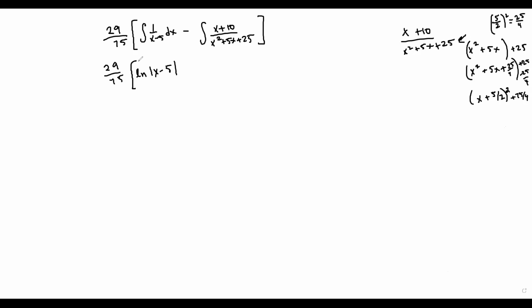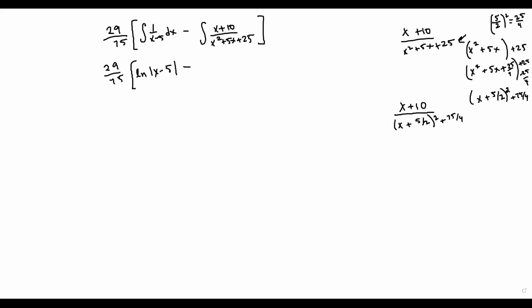So I'm going to return to this x plus 10 divided by x squared plus 5x plus 25 margin work. Instead of writing x squared plus 5x plus 25, I have to write x plus 5 halves squared plus 75 over 4. Things not great, but it's hopefully going to make more sense very soon-ish. Okay, told you, don't shoot the messenger.